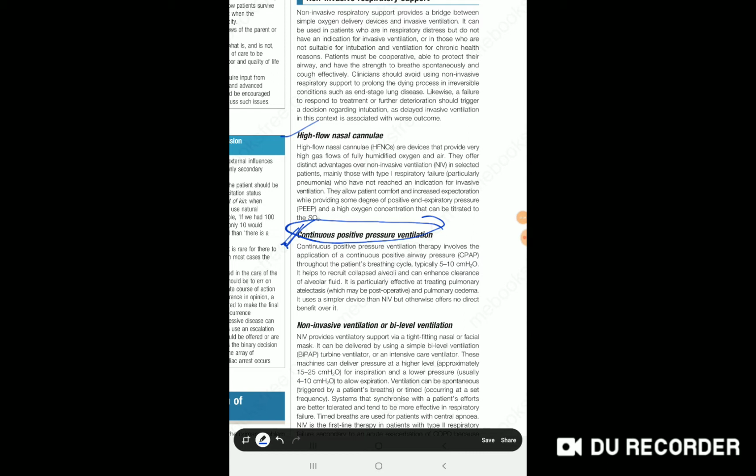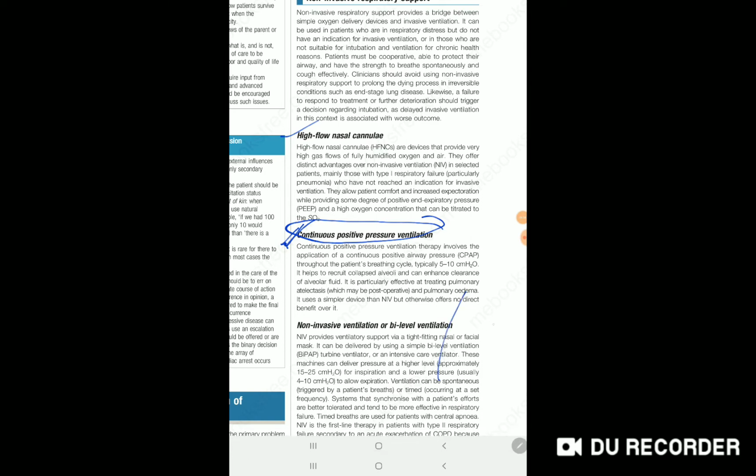Usually the pressure here is 5 to 10 centimeters of water. It is not mercury, it is water. At this pressure the collapsed alveoli recruit themselves. So this is the indication for giving continuous positive airway pressure, such as pulmonary edema and also atelectasis. When there is collapse of alveoli, you can give continuous positive pressure ventilation.